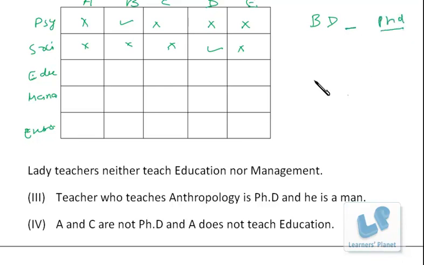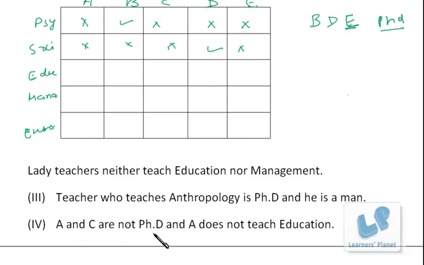But as of now we don't know that, right? Now the next is A and C are not PhD and A does not teach education. Now we were having 5 people. B and D are PhD. A and C are not PhD, and the third person is PhD, so obviously he should be E, right?